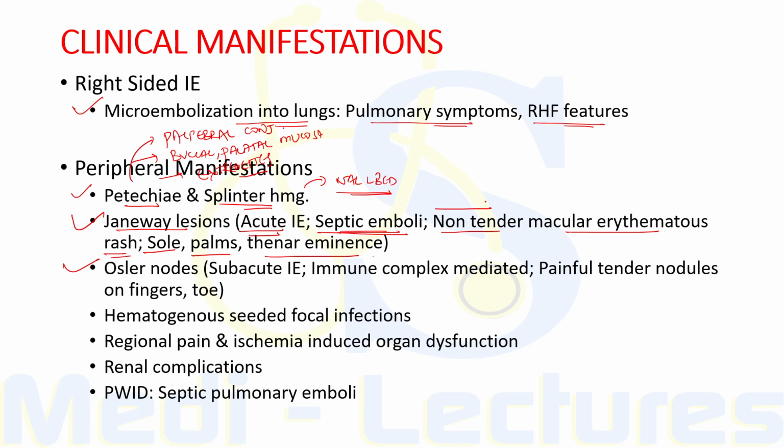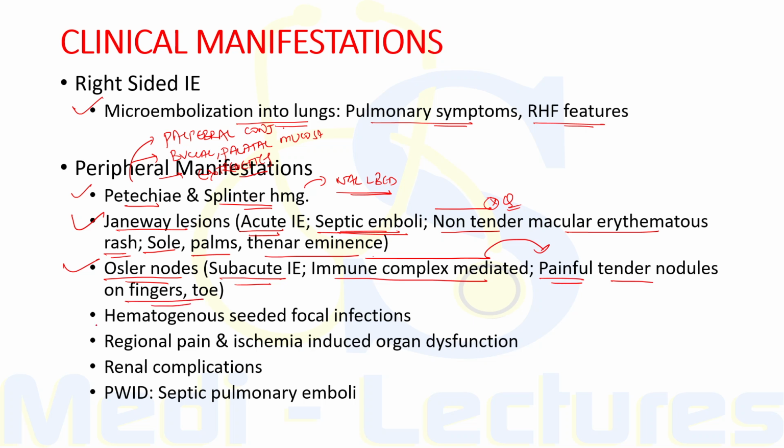This will be non-tender. This is an important point. On the other hand, Osler nodes are common in subacute infective endocarditis, and these are typically due to immune complex mediated phenomena. Therefore, these are painful tender nodules on fingers and toes.